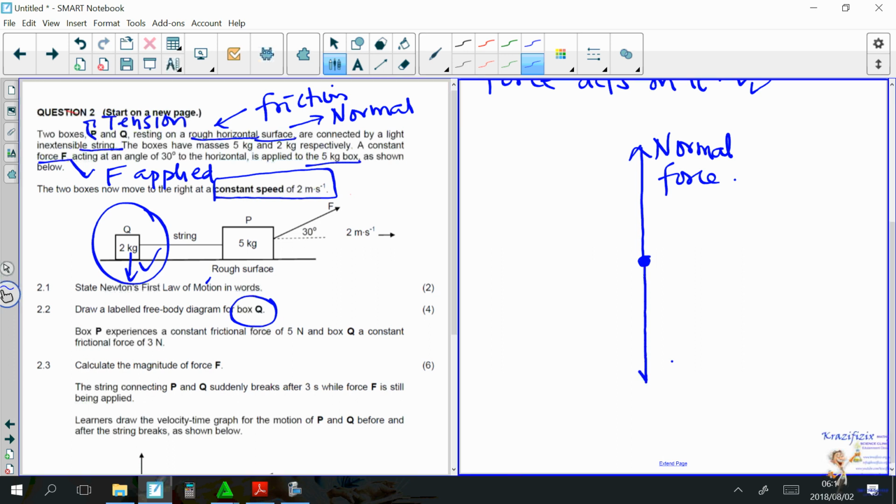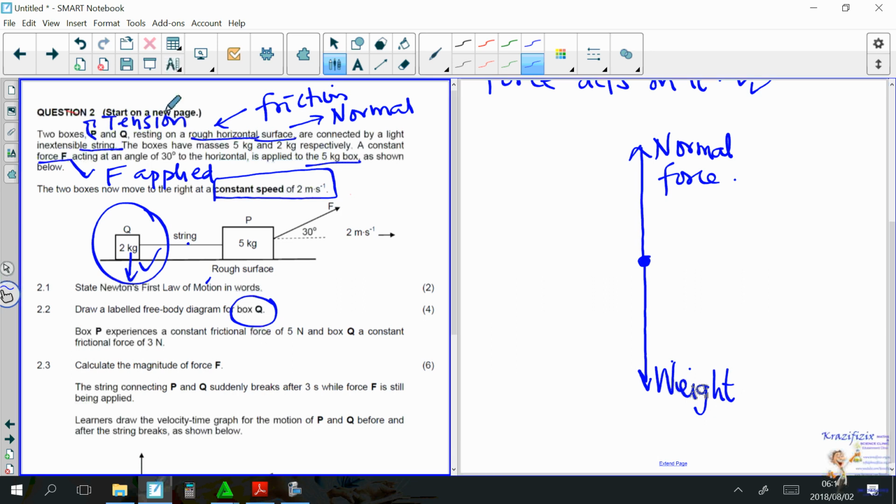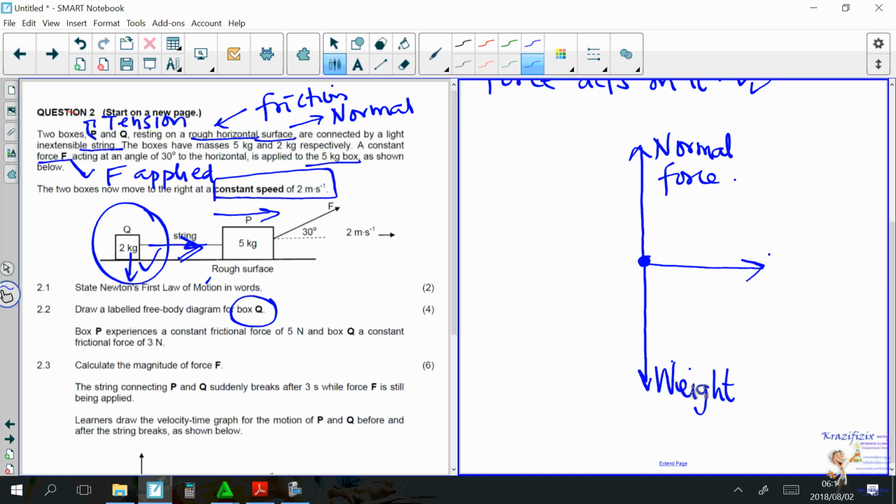All right, so I am going to now call this my weight, or what you know as the force of gravity. Now there is a rope here, there's a string here, so we talk about what? Tension. And you would notice that P is actually pulling. So my force is this way. Q is being pulled. Do you see the arrow there? And with that, it's pulled with my tension.